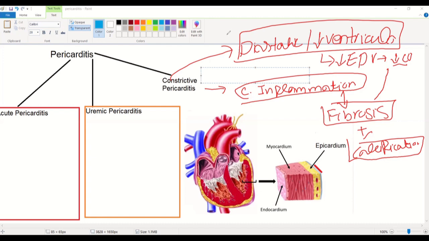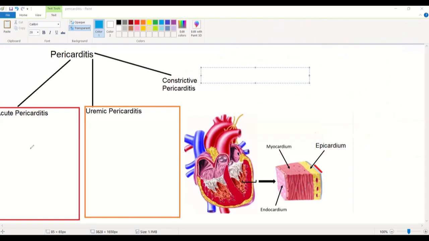So the heart has to relax as the ventricles are filling, but that is not the case because of the effect of the pericarditis. So the causes of constrictive pericarditis are important.